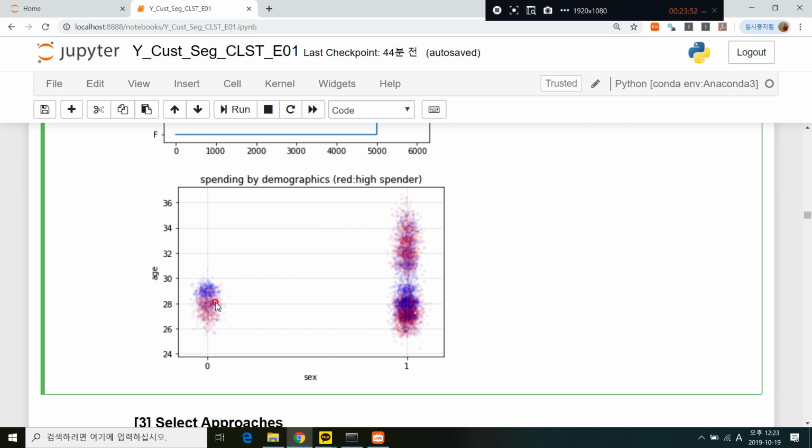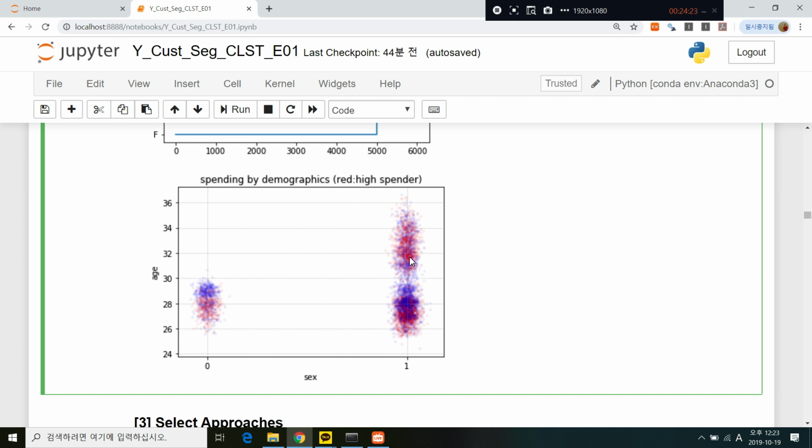26 to 28, this relatively young male group does not spend. They spend a lot, and some old guys, old boys actually, spend a little bit less than the younger ones. Here is something interesting.